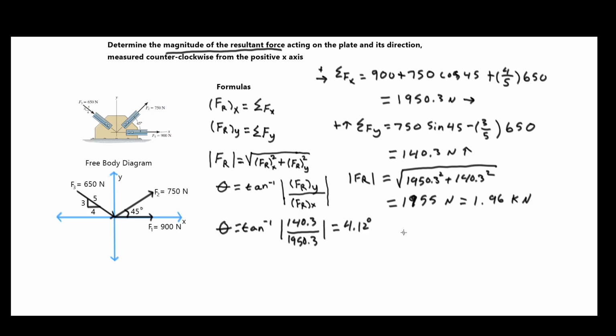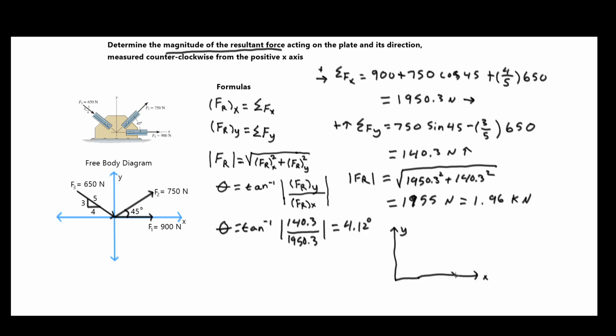Now to give you a visual aid of the counterclockwise direction from the positive x-axis, you can draw a quick coordinate system. So your x and your y, and then you know that both your x component and your y component are going in the positive direction.